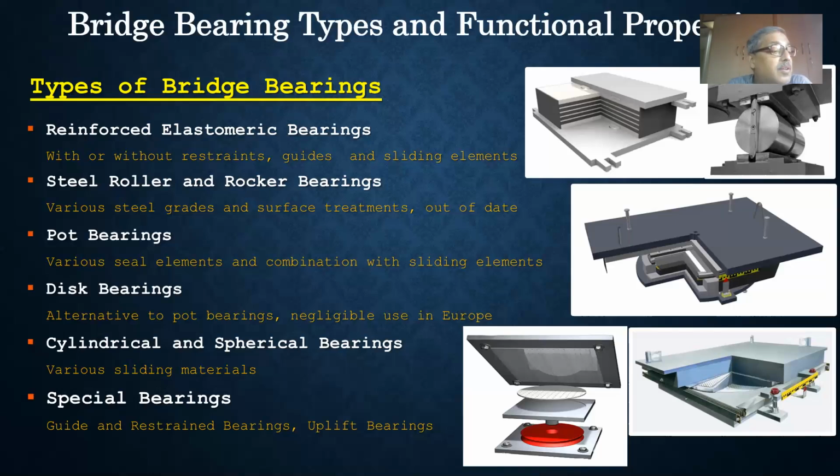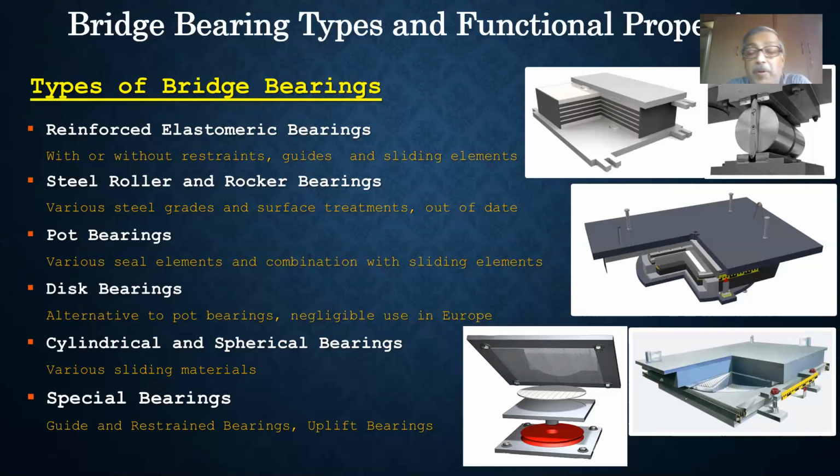This means that the modern bearings are much more sensitive to accuracy in design, in installation, in manufacture, as compared to the bearings of the past. And this aspect needs to be taken into account while designing, while manufacturing, and while installing the bearings.